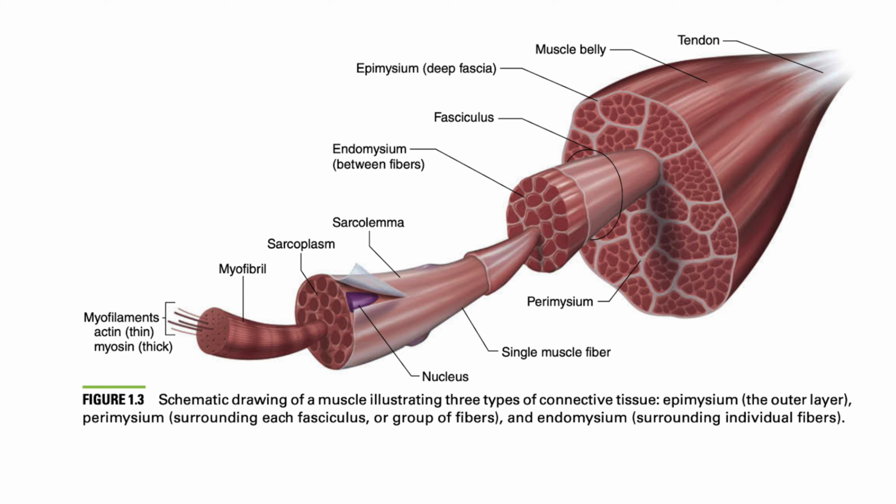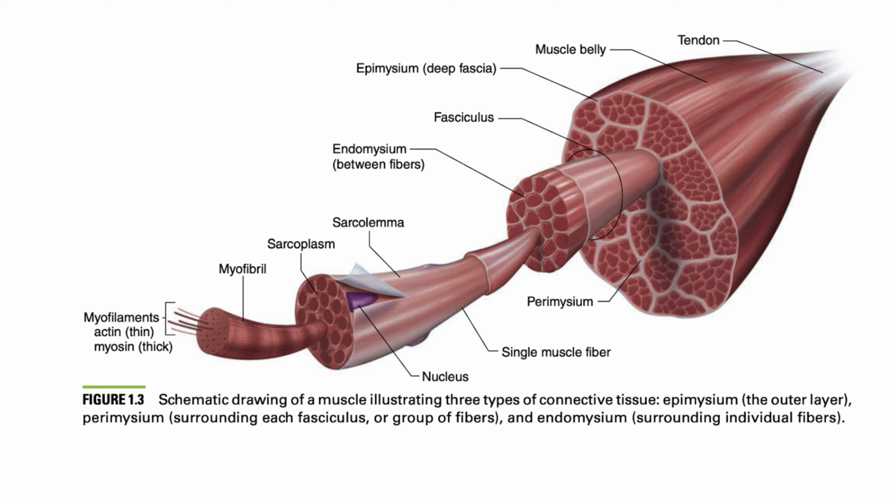And then remember, that's covered in its own individual connective tissue as well, called the endomysium, right? And then you step down the next level and you can start to see the perimysium. Oh, I made a mistake there. So the perimysium is what covers our fasciculus. My apologies. And then the endomysium covers the individual fibers. That's a correction.